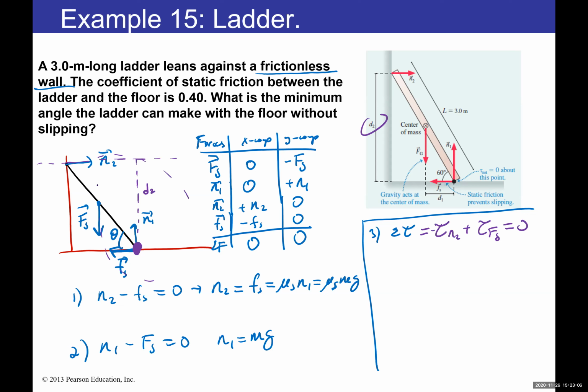And I do the same thing for the gravitational force, going like this, and this distance I'm going to call D1. That means it's negative N2 times D2, plus mg times D1, and this equals 0.